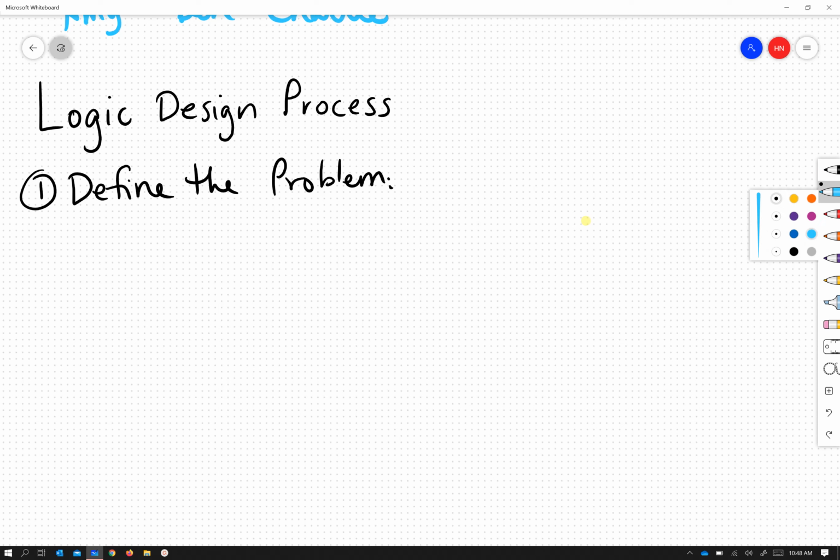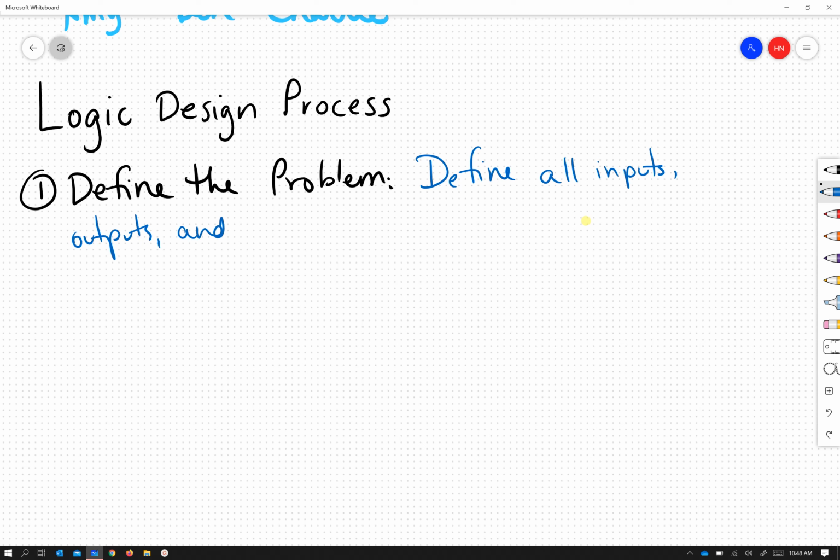In this step, you have to define all inputs and outputs, and the function of the output based on the inputs. So just the function.